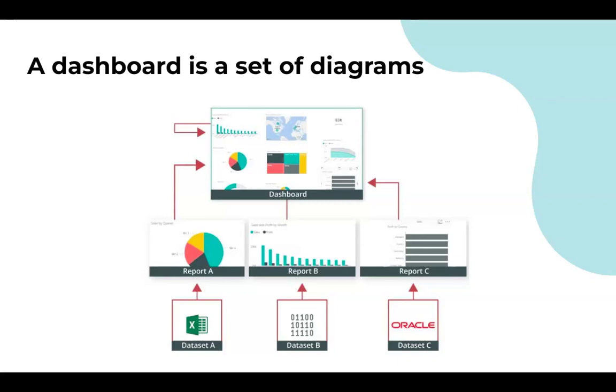And then your report C, like in this case, would have come from Oracle. So that's another platform. But like I said, multiple sources of data can create a really good dashboard. Or if you only have access to one set of data, you can still create a pretty good dashboard.